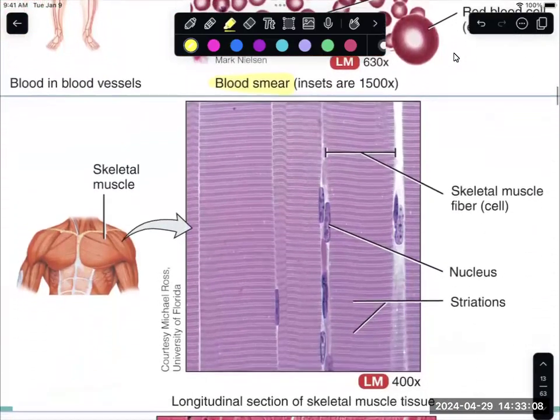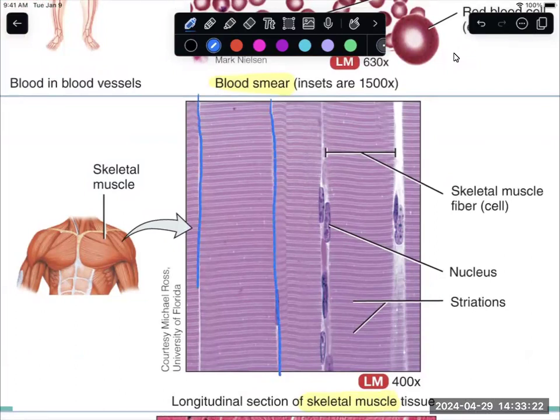Now we have skeletal muscle. Skeletal muscle is made up of fibers that are very long. Skeletal muscle has these striations, as they're called, these stripes that travel most of the length.